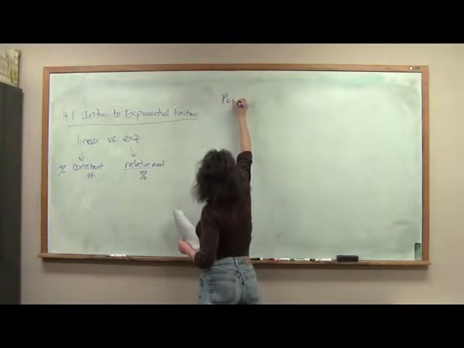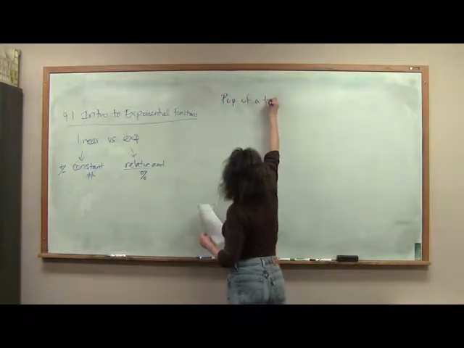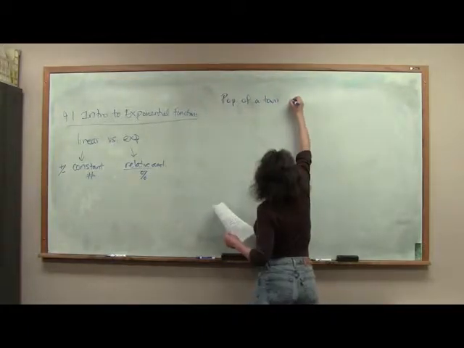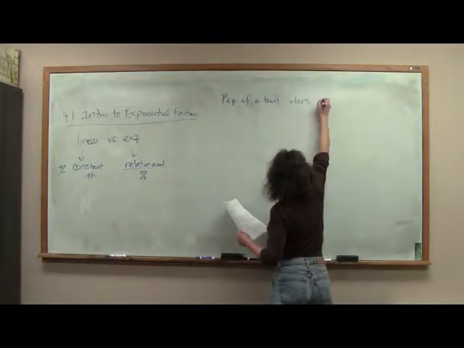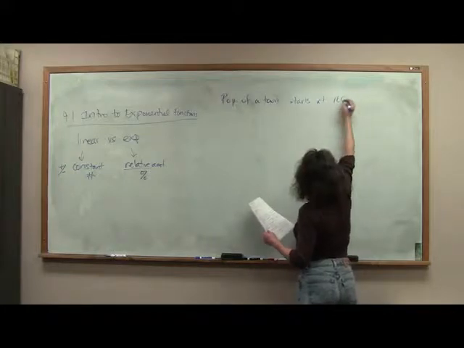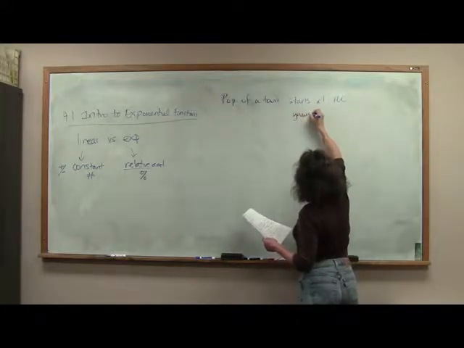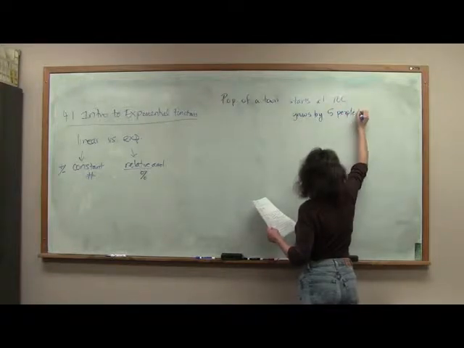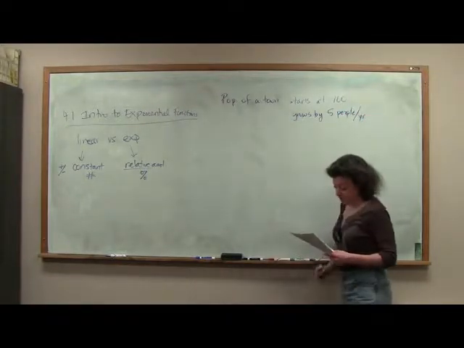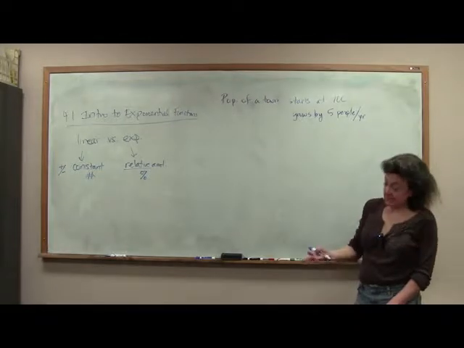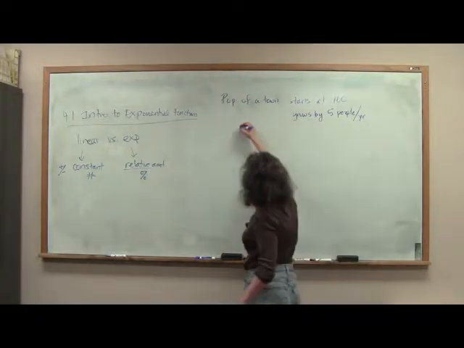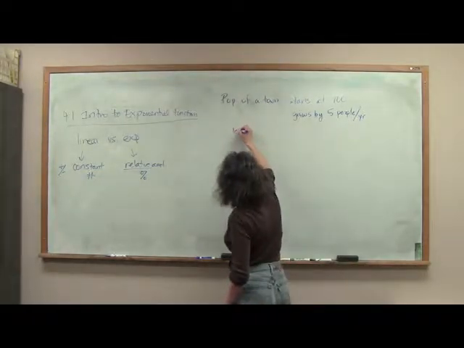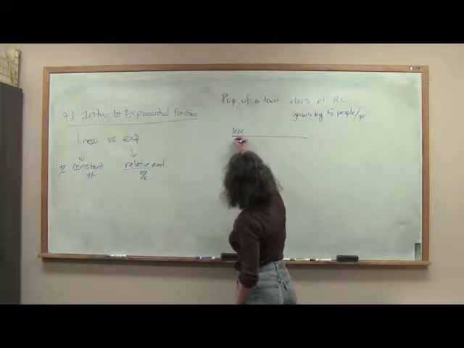Suppose we have the population of a town, let's say starts at 100, and let's say first that it grows by 5 people per year. Okay, I claim we can make a table showing the population. So here's the year, and here's our population.